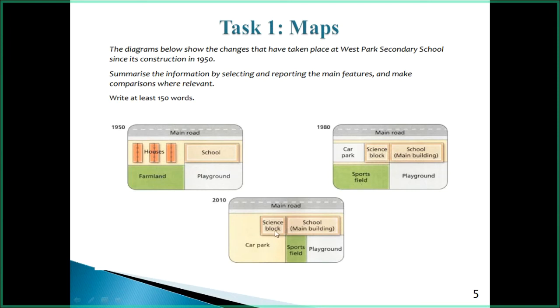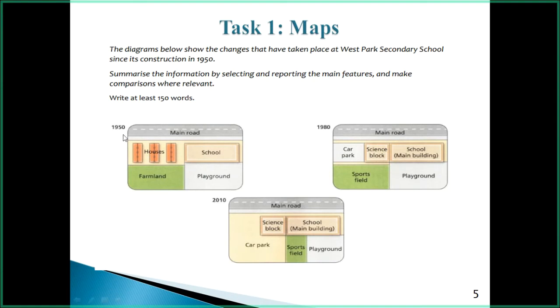Car park is enlarged and the sports field and playground are compacted into each other. So this is your two-sentence summary. So you will mention car park, science block and sports field are introduced in the first 30 years, and in the next 30 years car park is enlarged or car park area is increased and the sports field and playground are compacted. So this is your summary.